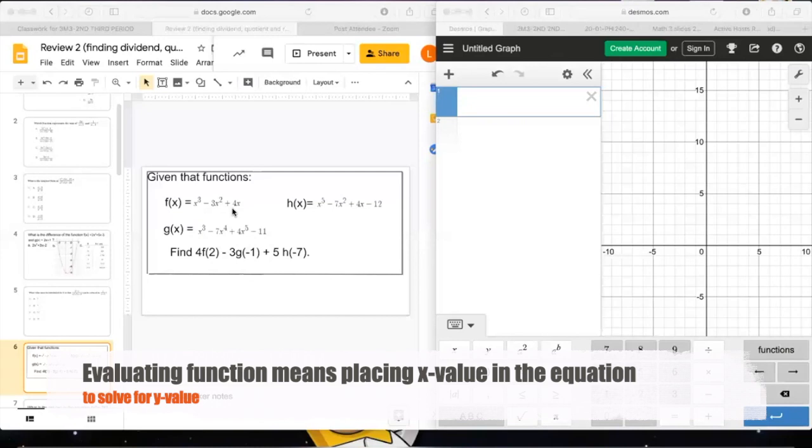That's the value of f of 2. But after getting the value of f of 2, we still have to multiply that by 4. The same thing here: when we get the value of g of negative 1, we multiply it by negative 3, as well as here on the function h.